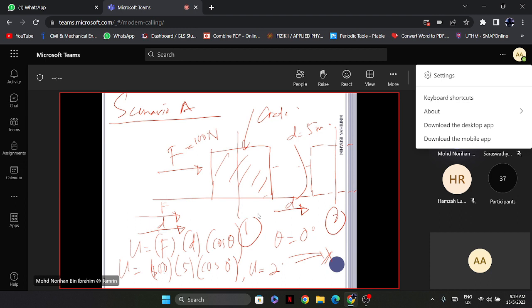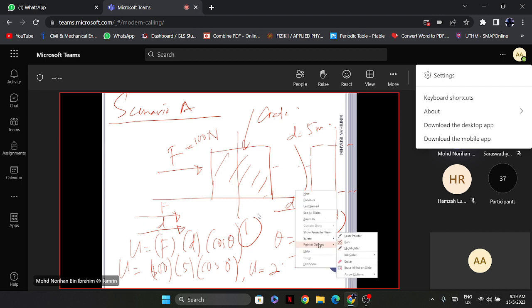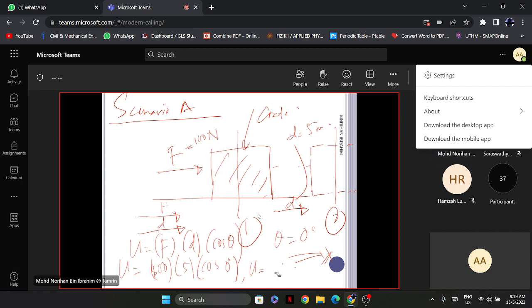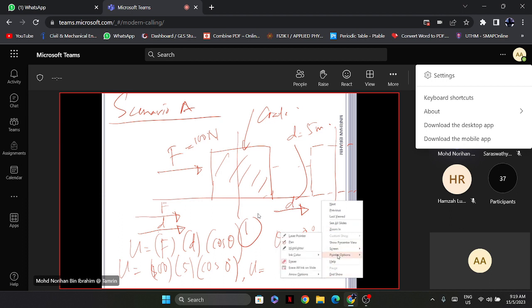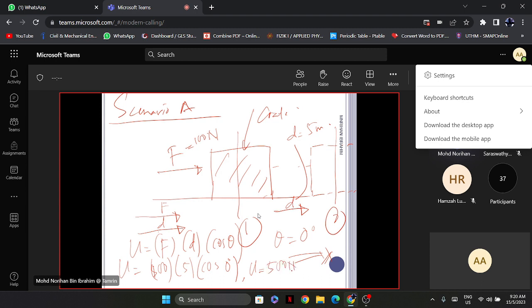Sorry, 100 multiplied with 5, you got the answer for this: U is equal to 500 Newton. 5 kali 100, F dia adalah 100, D dia adalah 5 meter pergerakan.